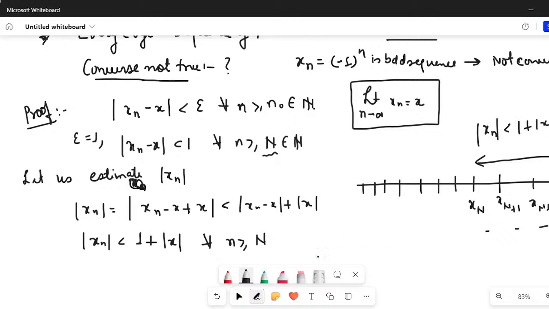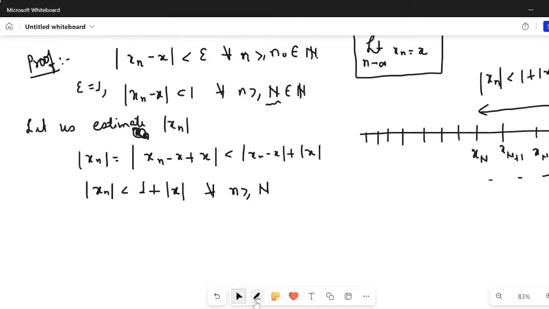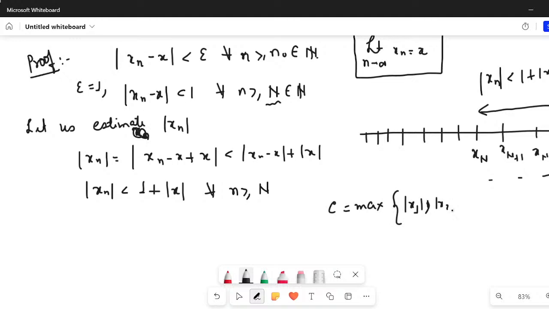So I will devise a strategy of writing some constant c as a maximum. Let me find the maximum of |x_1|, |x_2|, up to |x_{N-1}|. I don't know what it is, but these are all finite numbers, so there would be some maximum. Whosoever be the maximum, let me declare it equal to c.